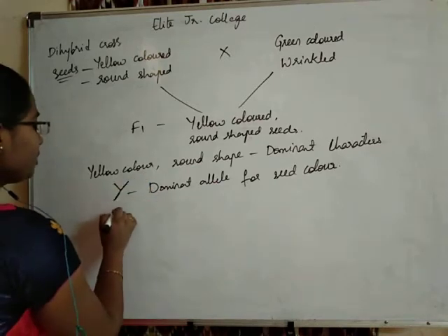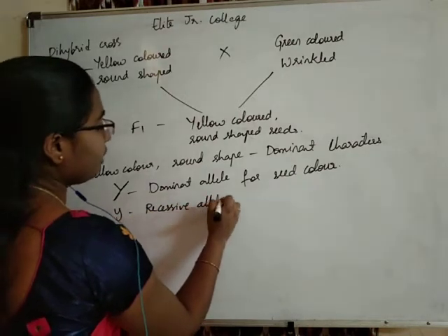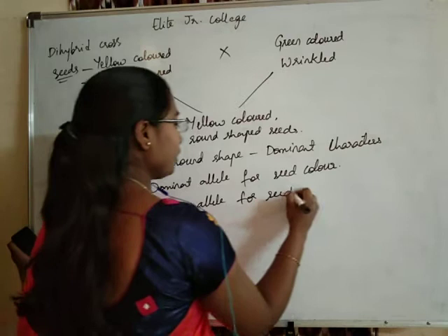Small y indicates the recessive allele for seed color.